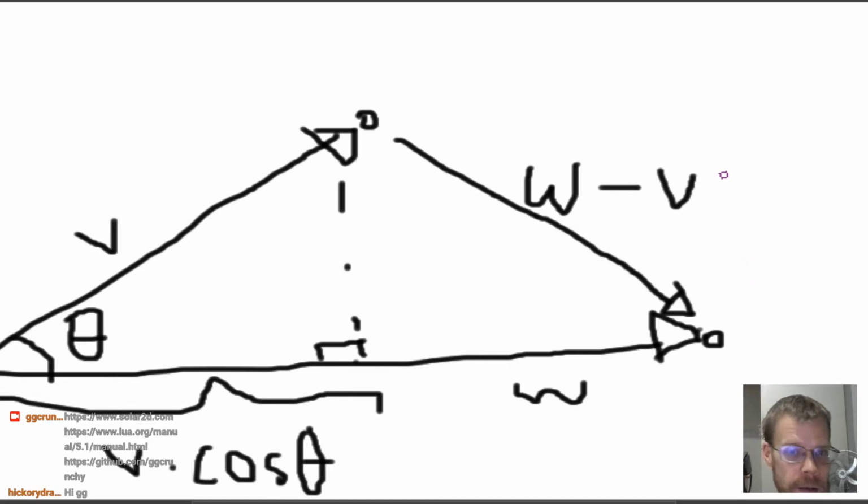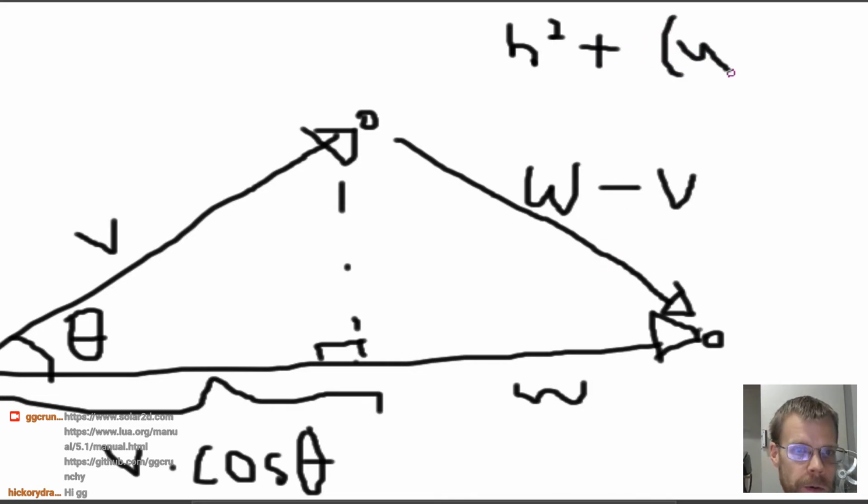And from there we can deduce that W squared plus the height squared equals this whole thing squared. So this will give you H squared plus (W minus V cos theta) squared. I'm going to run out of room here.